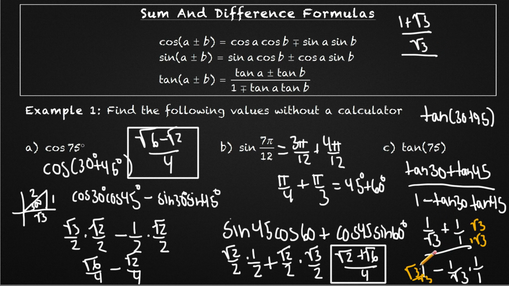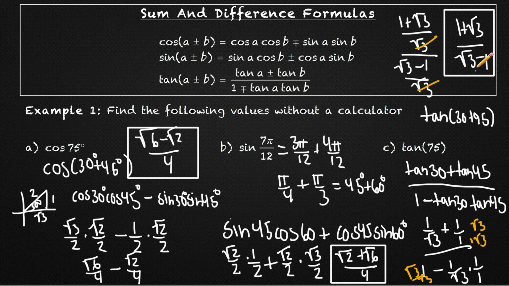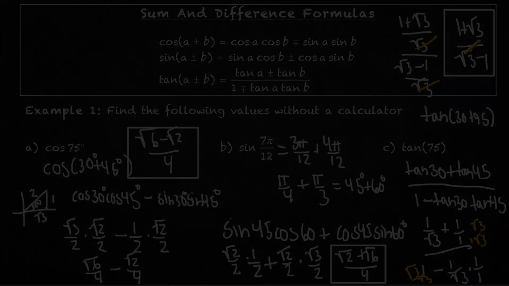And then on the bottom we have root 3 minus 1 over the common denominator of root 3. So when I flip and multiply, these two are going to cancel out, leaving me with a final answer of 1 plus root 3 over root 3 minus 1. So basically these formulas are very easy, you just have to know how to use them.